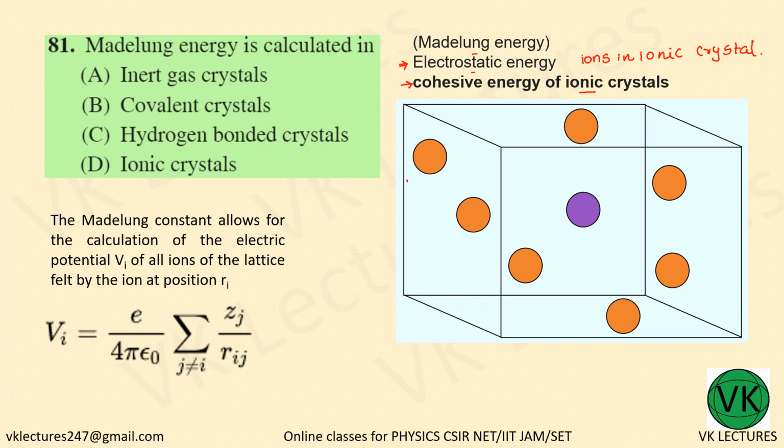That is the Madelung energy. Now the Madelung constant allows for the calculation of the electrostatic potential, that is Vi, of all ions in the lattice felt by the ion at the position Ri. Now what does this mean? Assume that this is the crystal and I am going to calculate the Madelung constant or Madelung energy for the ith particle.